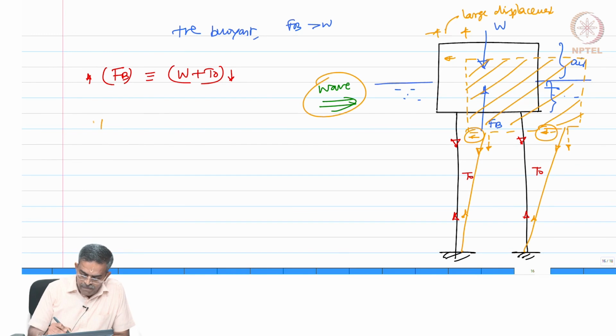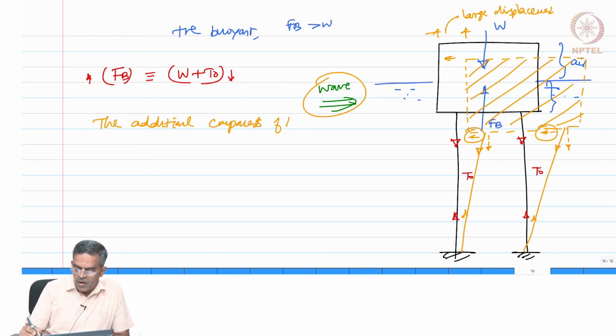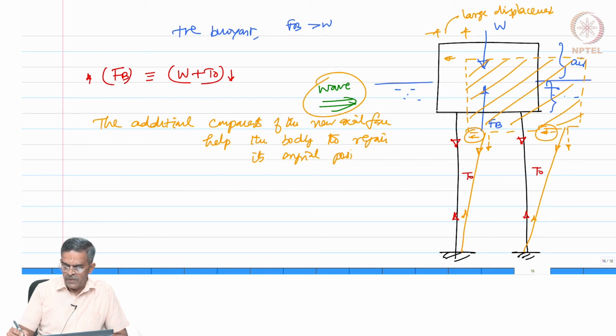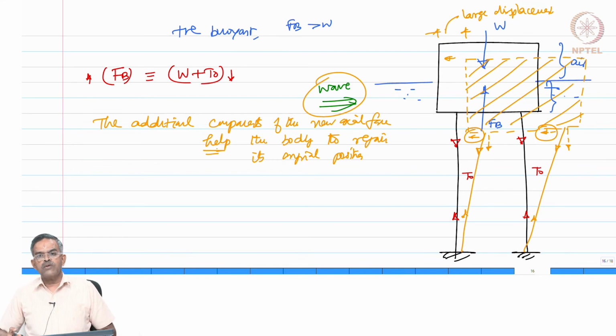So, the additional components of the new axial force help the body to regain its original position. I am saying it helps. There is no guarantee it will come back to the original position, but it tries.